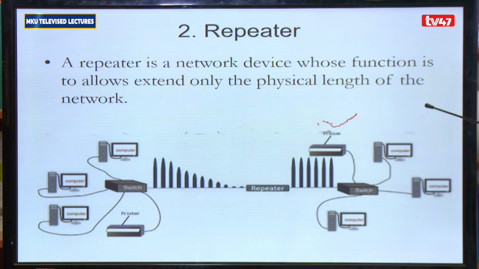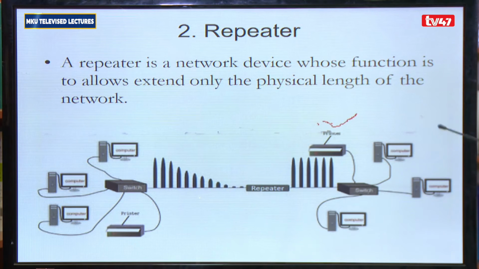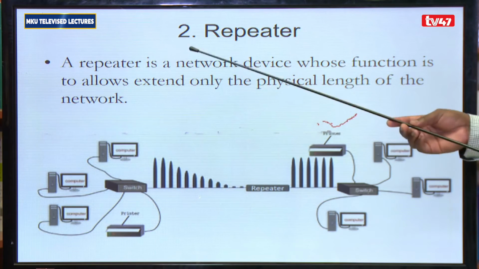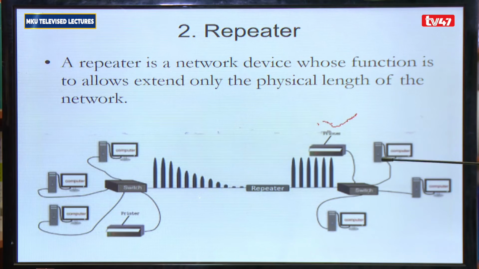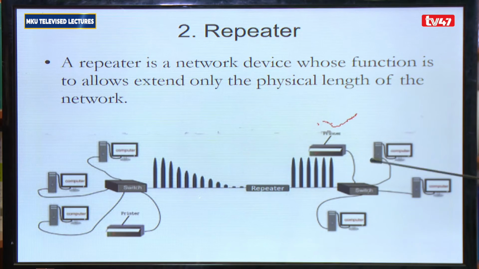A single network in the sense that if the signal would move up to a particular distance of 100 meters, then by repeating the signal and retransmitting it, you are able to extend the physical length of the network such that it can cover 200 meters if the initial distance was meant to be 100 meters.